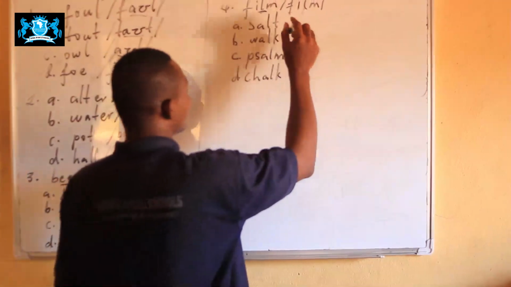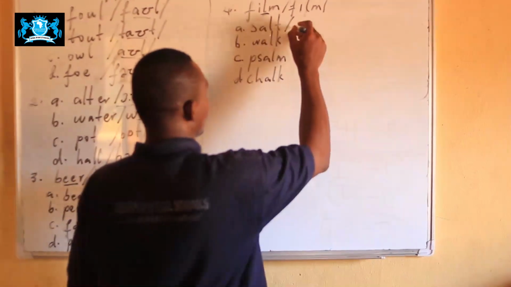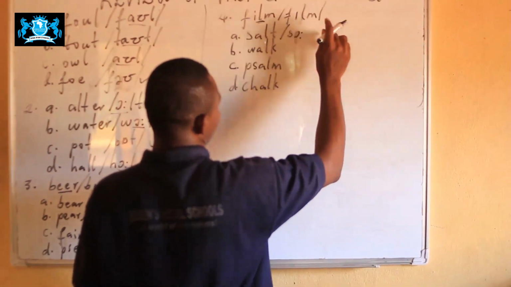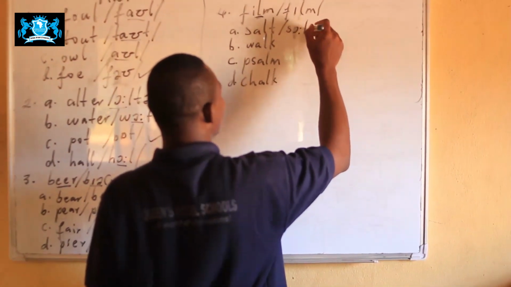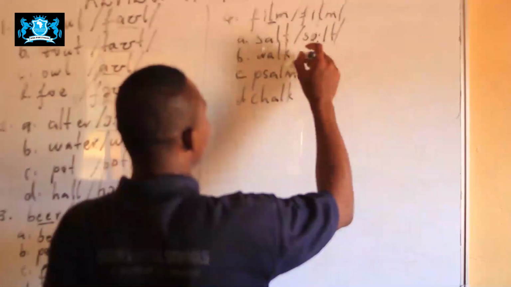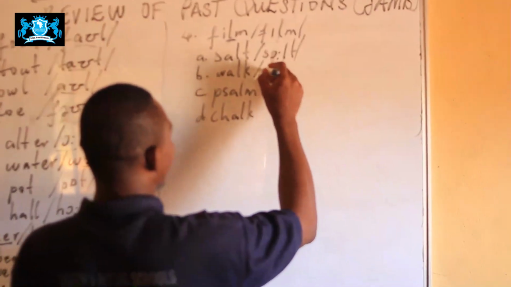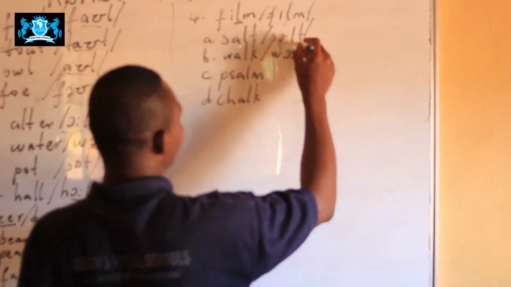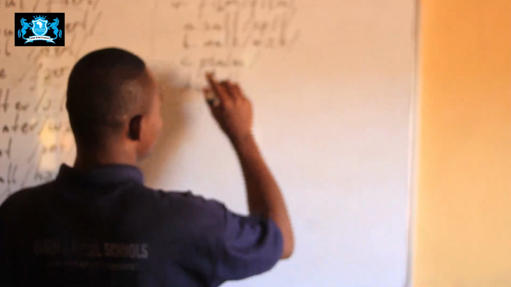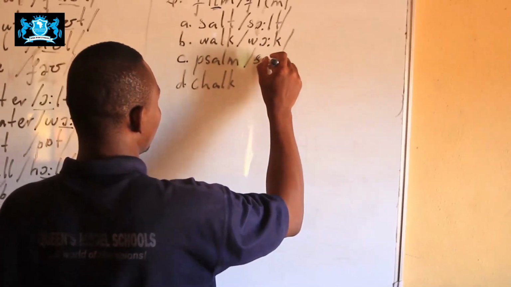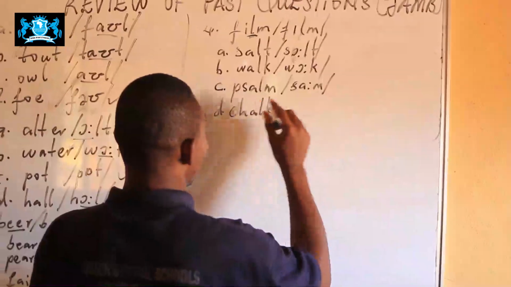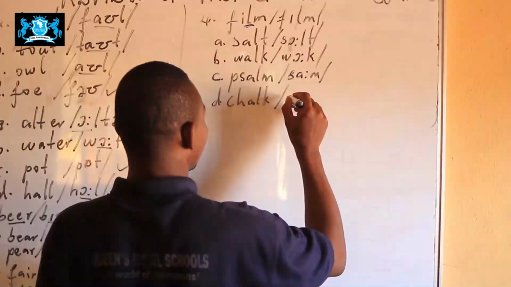So in the word salt, we have the long O sound, and the L sound. Then in walk, we simply have this. In option C, we simply have this. In option D, we simply have this.